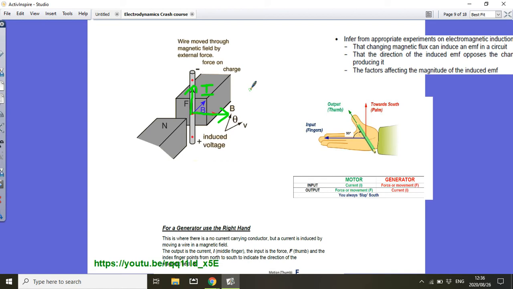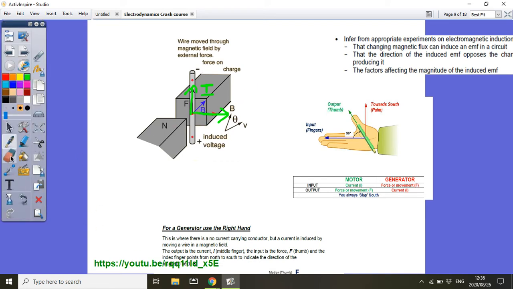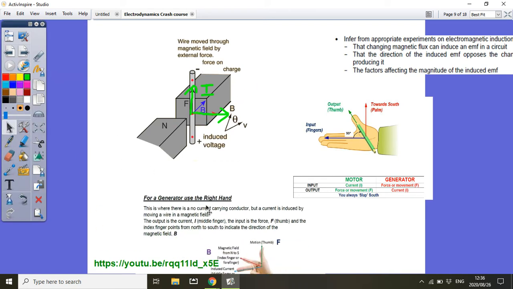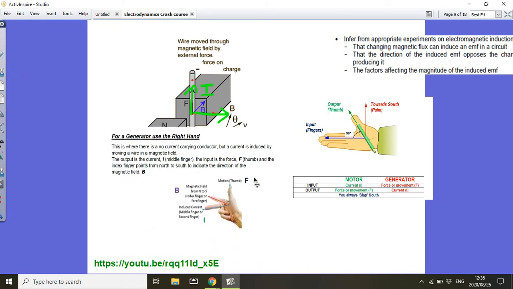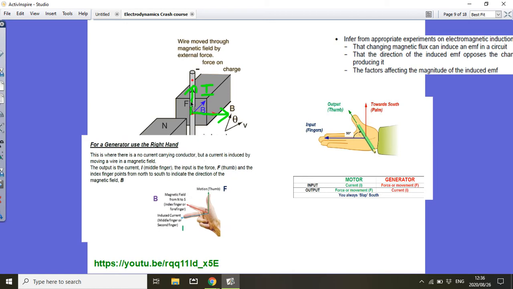Your thumb is still F, so that's going to be the first green line I drew to the right. Then your middle finger will give you the current, which is the exact same thing there. So you could use either one of the rules. I'm not going to spend too much time on it because you've practiced it before. You could have used this or this, and you will see that you'll get the directions as I've shown it there.